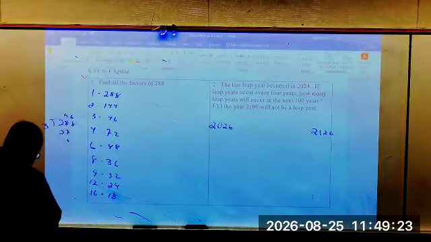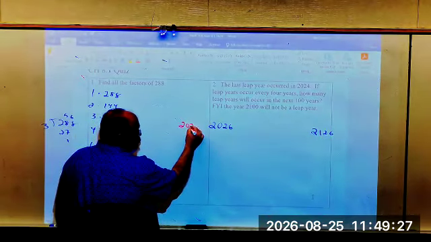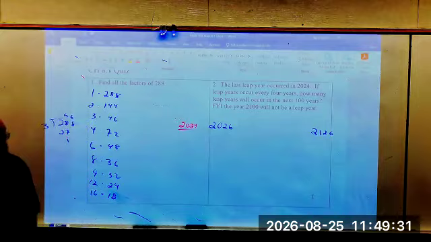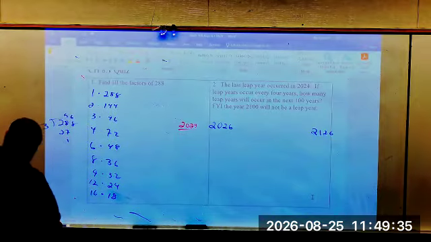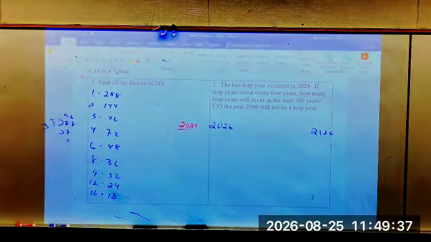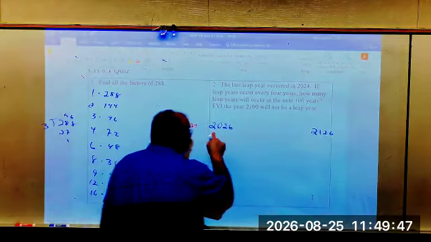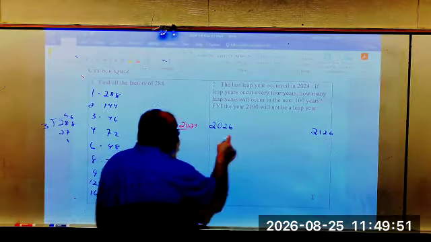Now, the last leap year was in 2024. That's the last time we had one of these things happen. They happen every 4 years. So in our little window of opportunity, from 2026 to 2126, when will the next leap year happen?